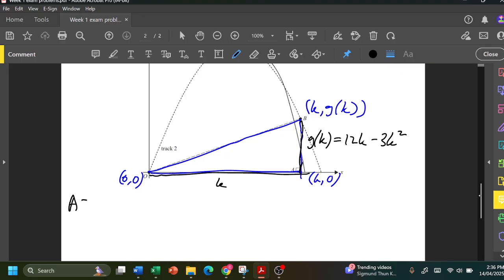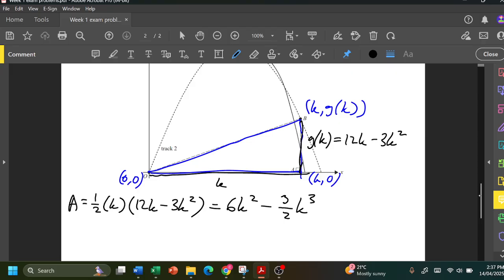So we can go ahead and write an expression for area in terms of these variables. We have half times the base length of k times 12k minus 3k squared. And we can also go ahead and expand those brackets. So if we multiply everybody by half k, this is going to give us 6k squared, take away 3 over 2 k cubed. That is an expression for A.